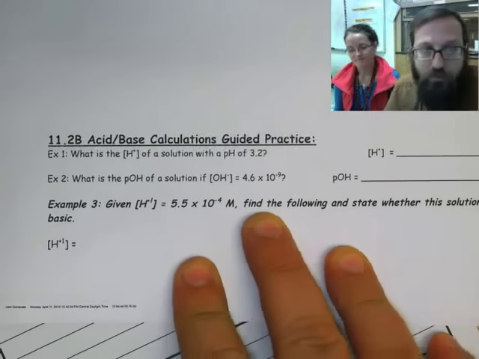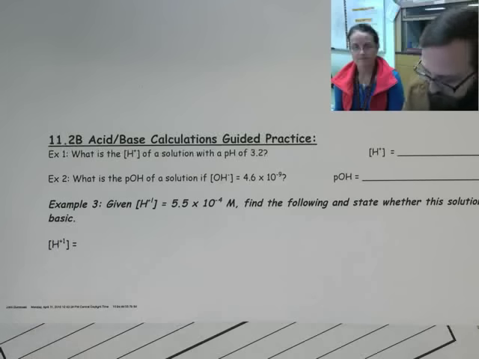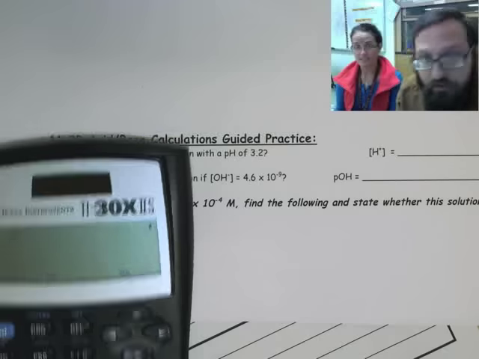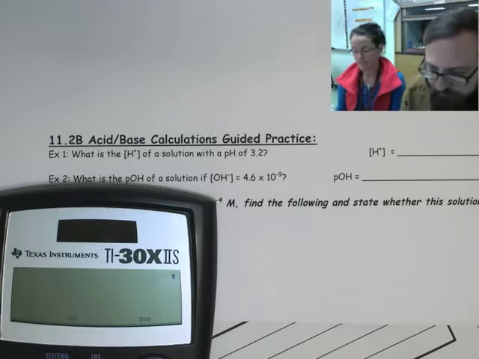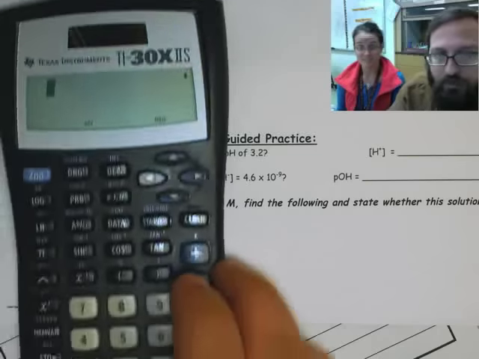It says, what is the H plus concentration of a solution with a pH of 3.2? Okay, so what am I doing with that? All right, so if they gave us the H plus, or we're looking for a hydrogen ion concentration, and they gave us pH, I think we're going to have to do the antilog again. All right.